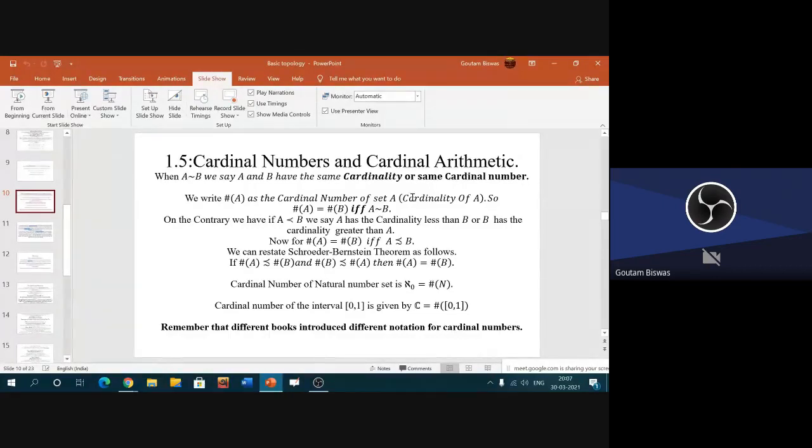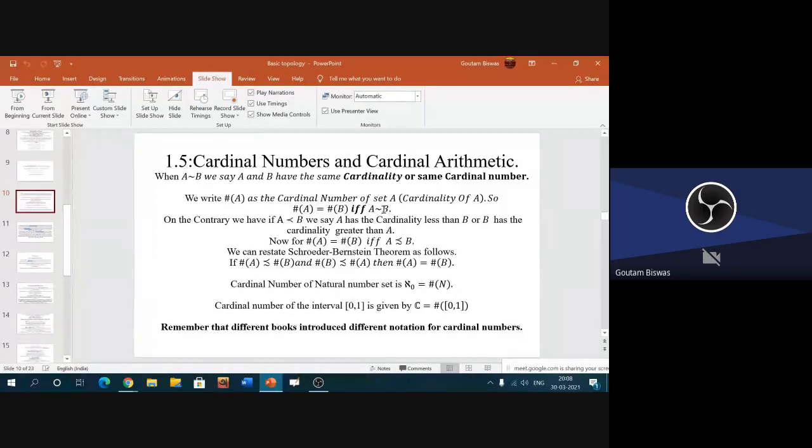And this is the notation: hash A is the cardinal number of the set A, the cardinality of A. So the cardinality of A and the cardinality of B are equal if and only if A is equivalent to B.